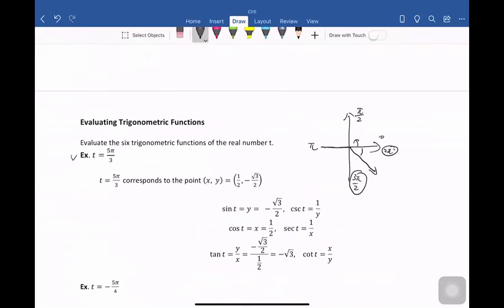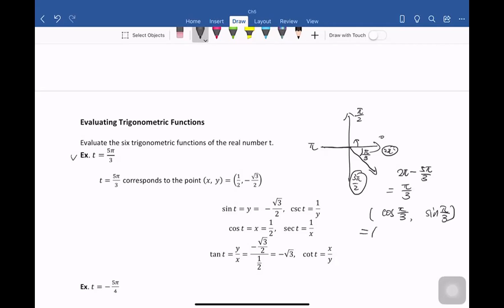What's the reference angle in the fourth quadrant? That's 2 pi subtract 5 pi over 3. And 2 pi is 6 pi over 3. 6 pi over 3 subtract 5 pi over 3 is pi over 3. That means the reference angle is pi over 3 for cosine pi over 3 and sine pi over 3.